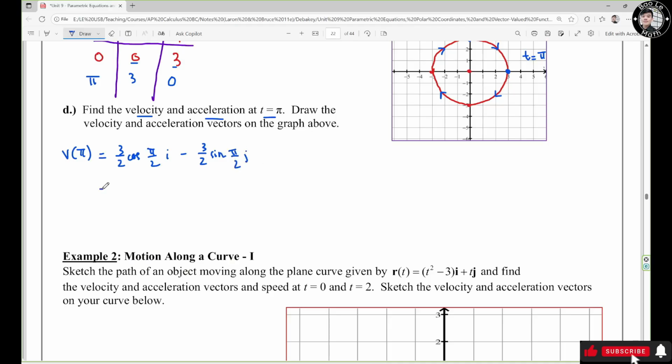I'm going to simplify. Cosine pi over 2 equals 0, so this term is gone. Now sine pi over 2 equals 1, so this equals negative 3 over 2 j.